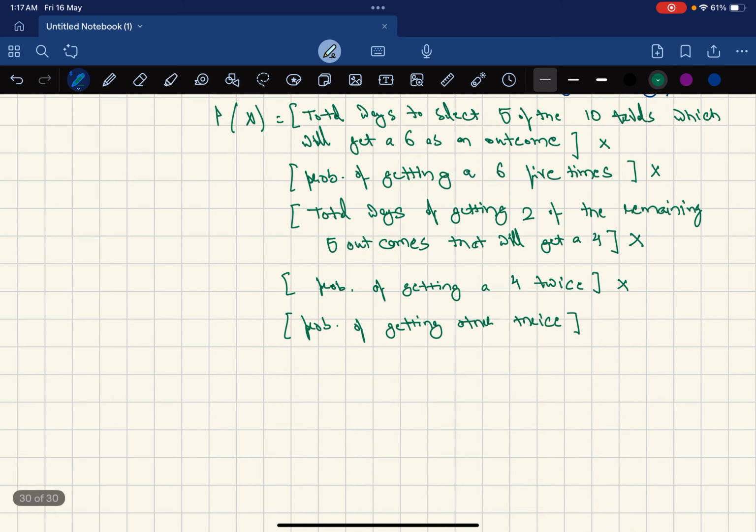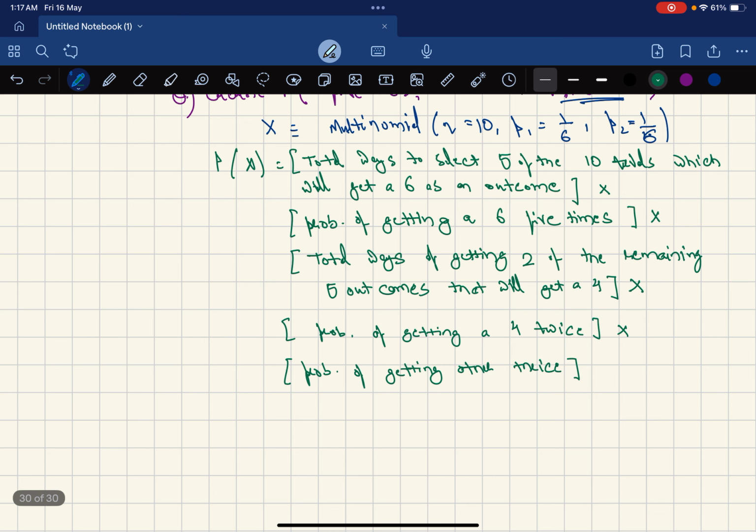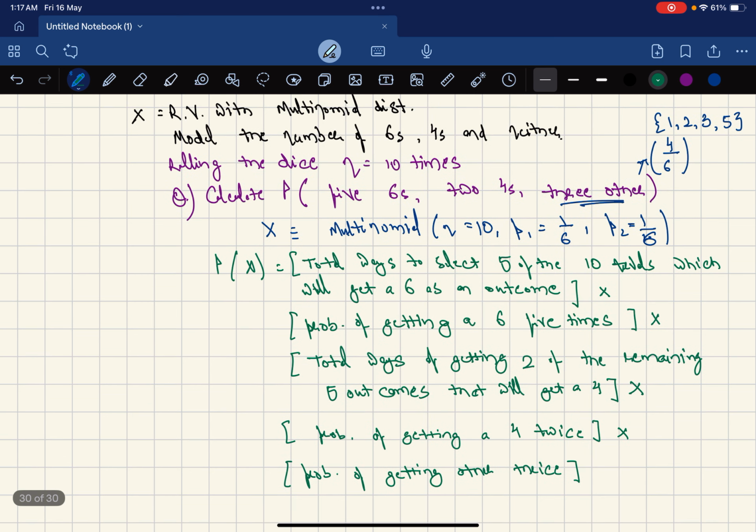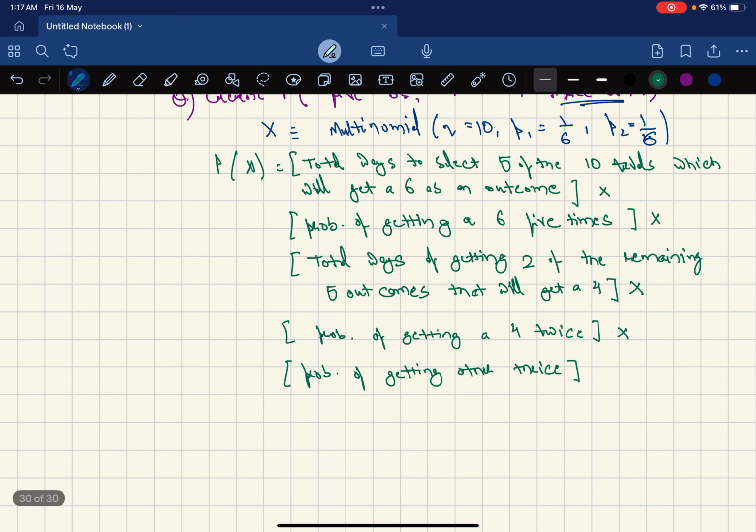So for the last case, where we are trying to get one of the 4 remaining digits, 1, 2, 3 or 5, 3 times, since we are only left with 3 trials, we don't need to select, because selecting 3 out of the remaining 3 means there's only one way to do that. So we straight away use the probability in that case. Now once again, using our combination operators, we get the required probability as 10C5. What 10C5 does is, it selects 5 of those 10 trials which will get you a 6.